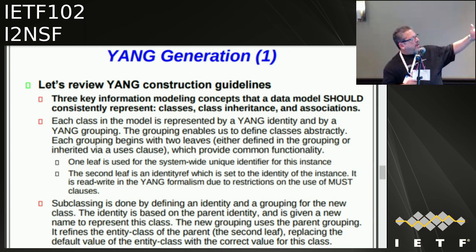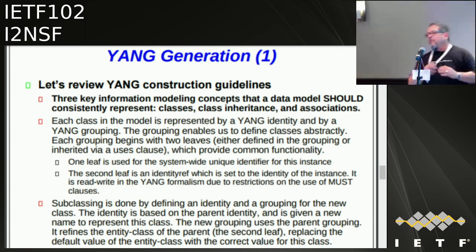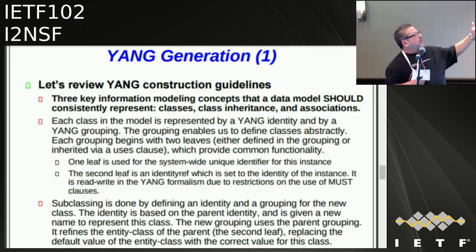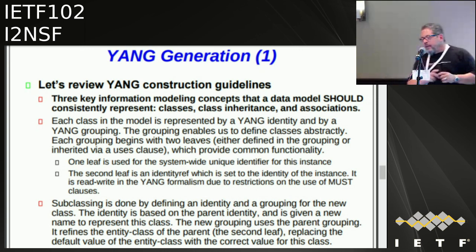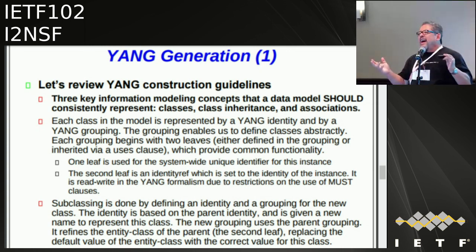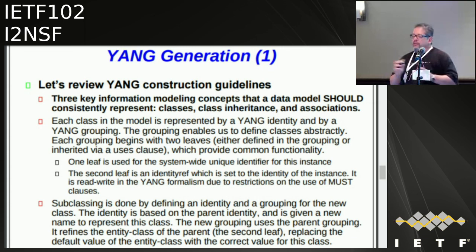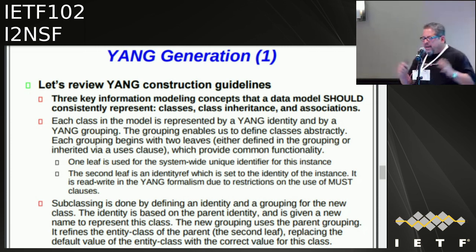Now, when we build a class, and this is a summary from the work that we did in SUPA, we use an identity and a grouping. Why? Well, how else can you tell whose parent this current Yang leaf is? So every class has a grouping. Every grouping has one leaf that has a unique system-wide identifier that identifies this instance, and then the second leaf is just an identityref.